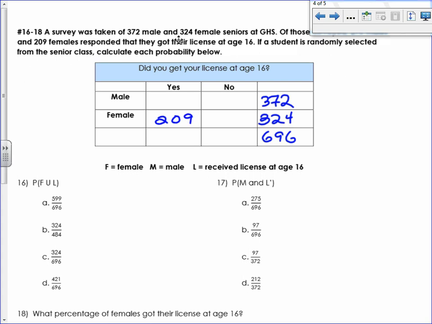Is there one more number? 275. Where does that go? Males, for yes. Then give me the rest of the numbers: 97, 115, and then 212, and 484.